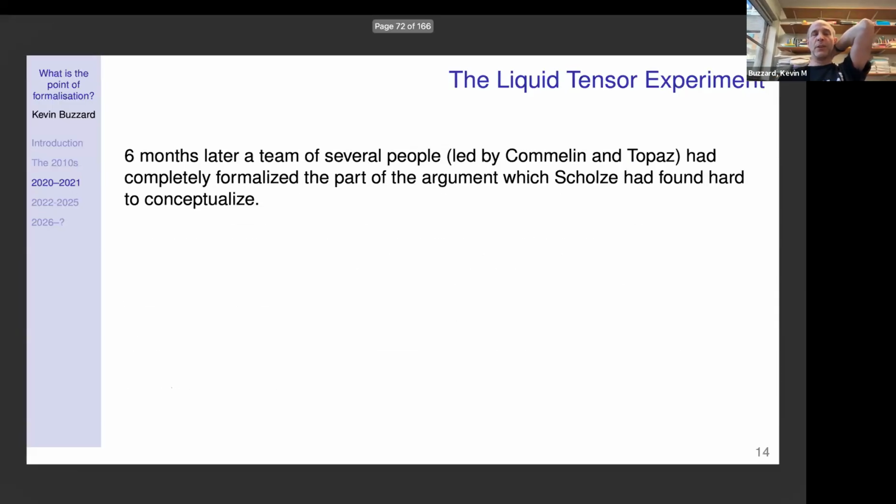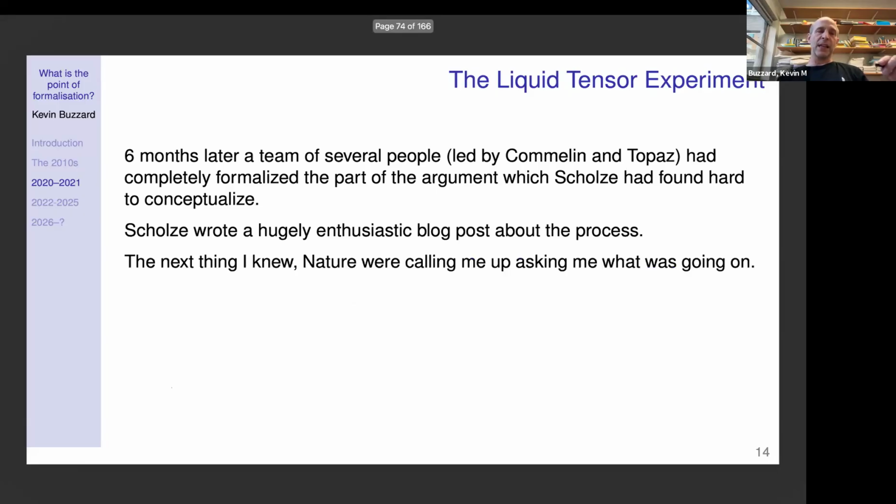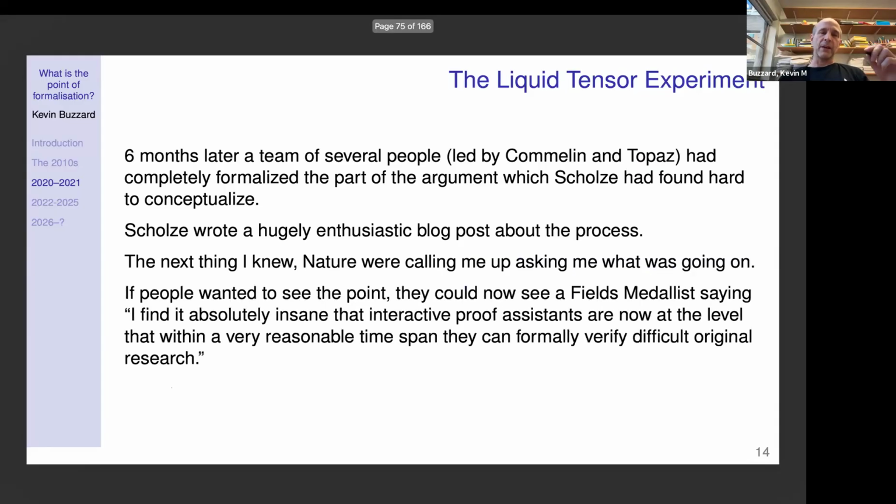So this was the opportunity. And 6 months later, it had been done. People in the community came together and formalized this argument, and gave a fully verified proof in Lean. And Scholze was massively excited, and wrote this very enthusiastic blog post. Next thing I know, Nature's on the phone asking what's going on.